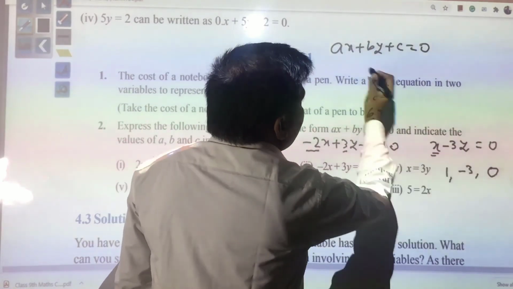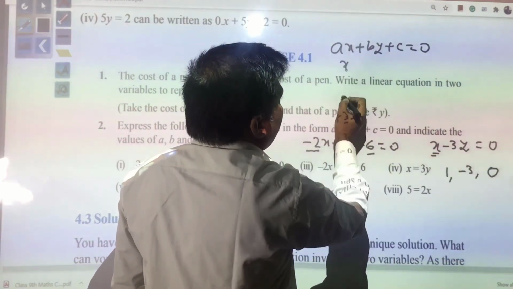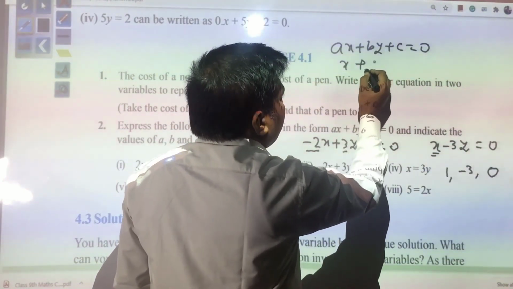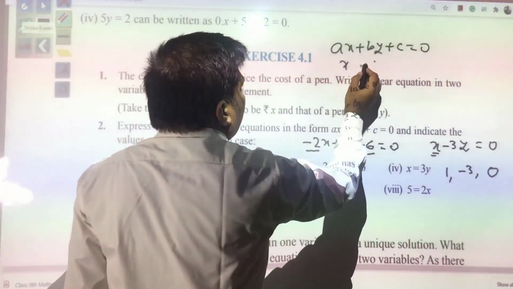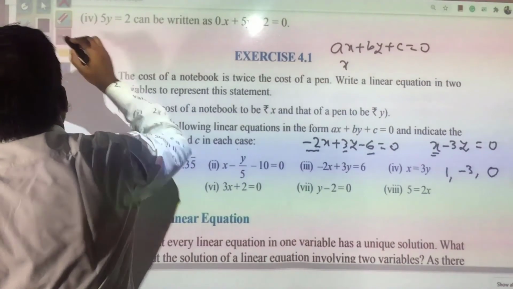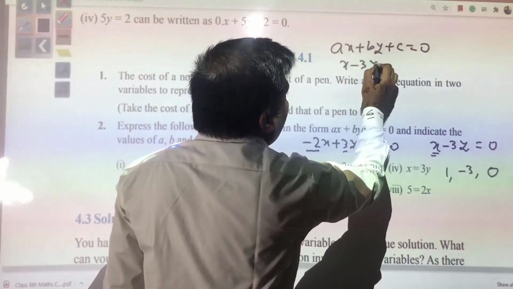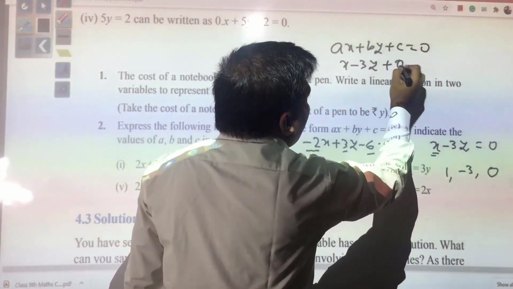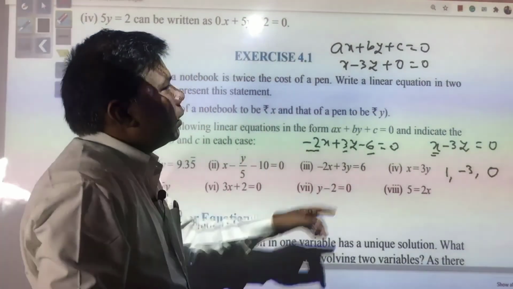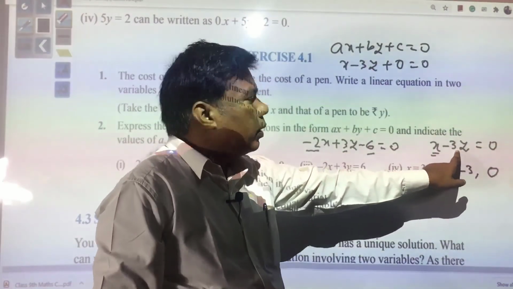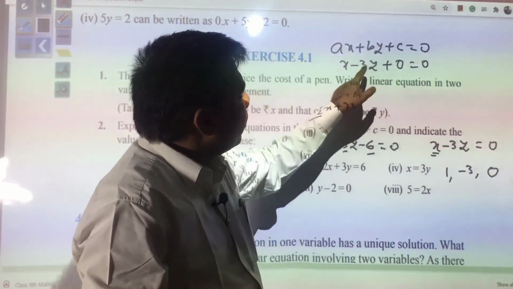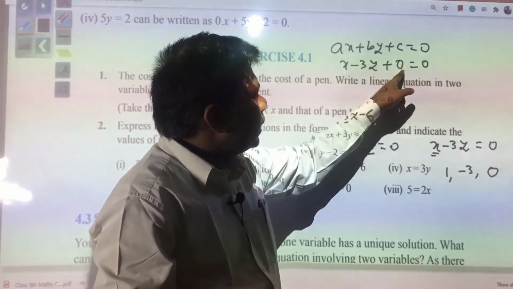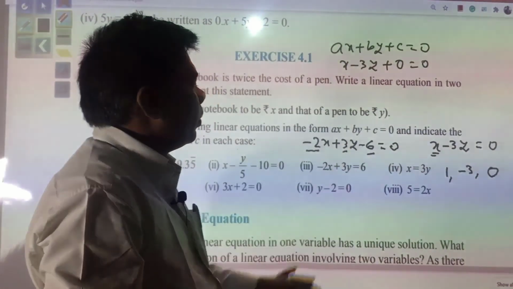So write x minus 3y plus 0 is equal to 0, because you do not have a constant term. Now a is equal to 1, b is equal to minus 3, c is equal to 0. So this will be your answer.